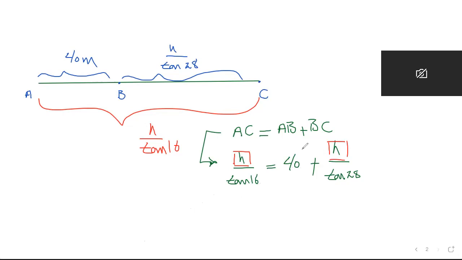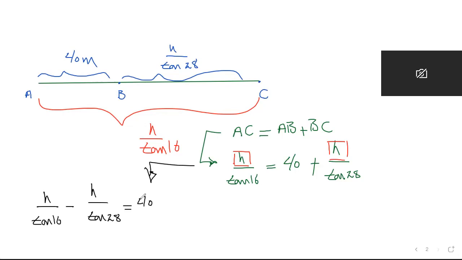Then I take this one to the other side. I have h over tangent of 16. I take h over tangent of 28 to the other side. Minus h over tangent of 28 equals 40.